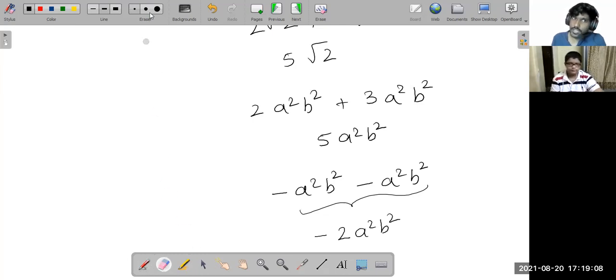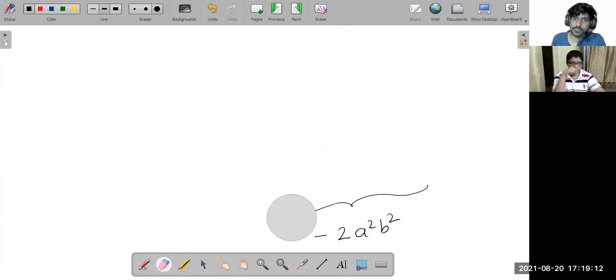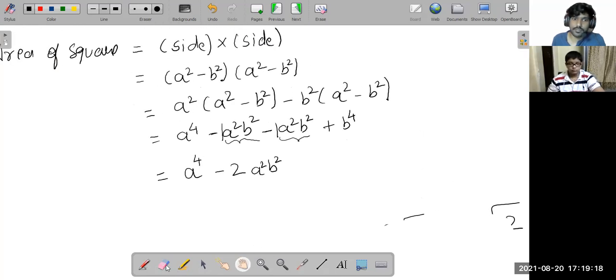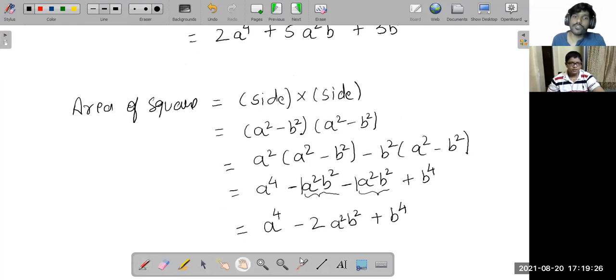Have you understood what I did? Yes, sir. Think of it like surds only, the variable. Okay, so this is -2a square b square, and lastly plus b raised to 4. So this is the area of the square.